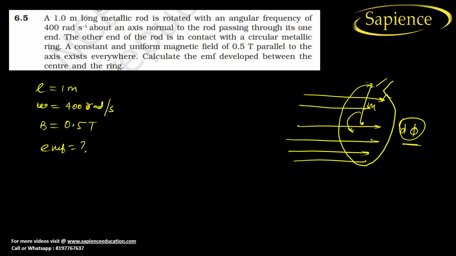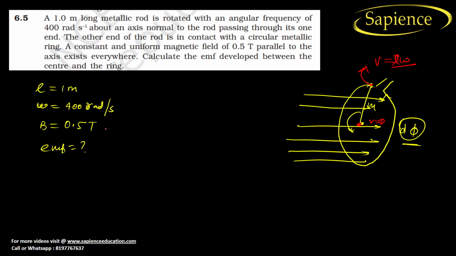First of all, tell me, if you talk about the linear velocity, at this end point the linear velocity will be 0. But at the other end point, linear velocity v is equal to L into omega, not I omega.